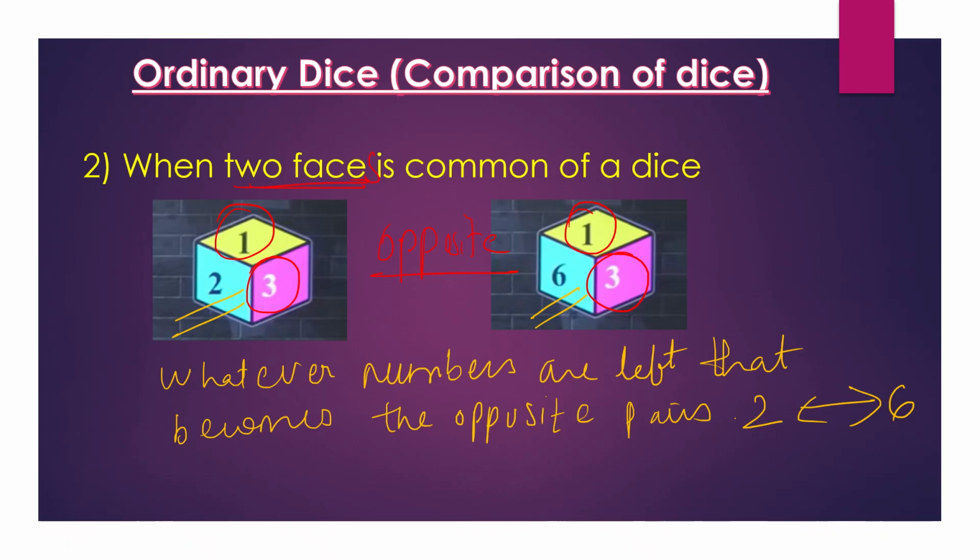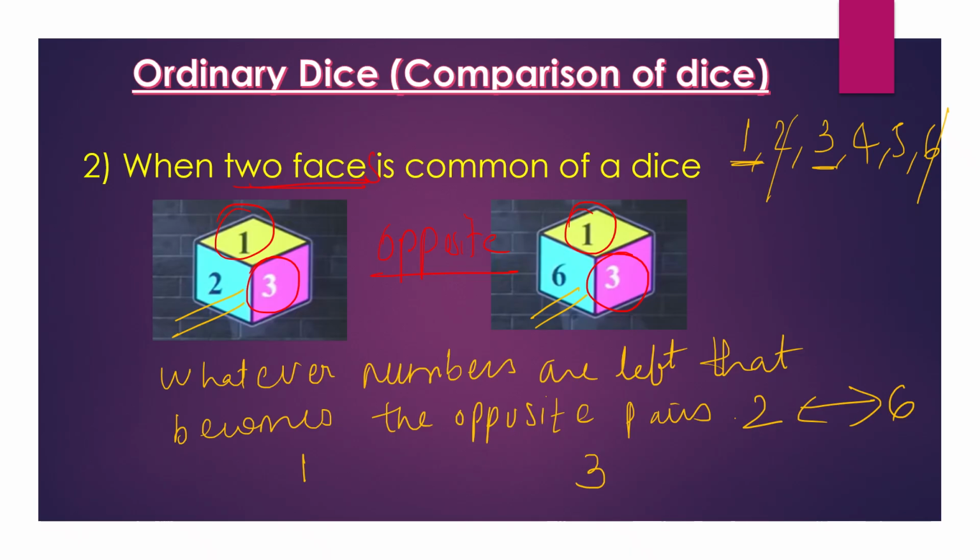Okay. Now in this, if they ask what is the opposite of 1 or what is the opposite of 3, then here you can't determine because what numbers are left here? 4 and 5 are left, correct? 1, 2, 3, 4, 5, 6. 2 and 6 are already opposite pairs. So what is common is 1 and 3 are common here in a dice. So I wrote 1 and 3 here.